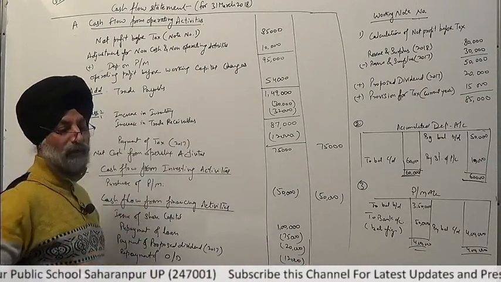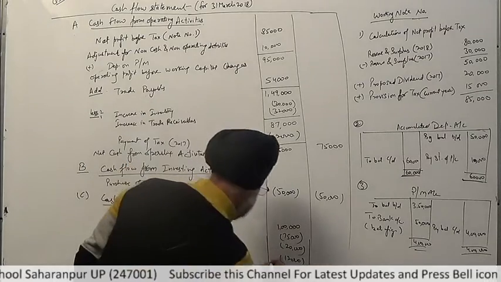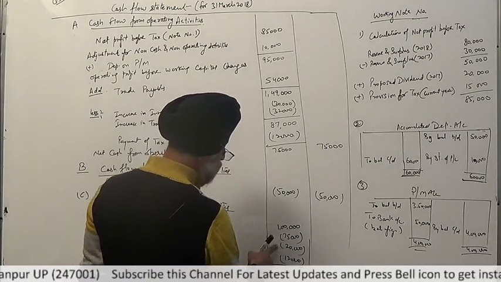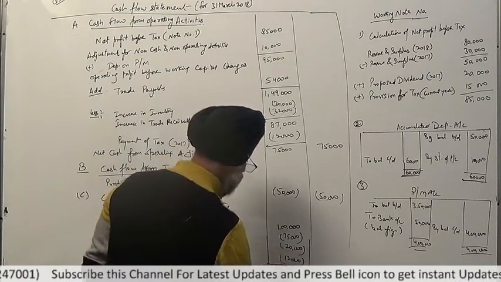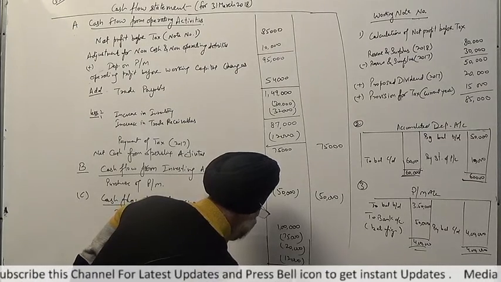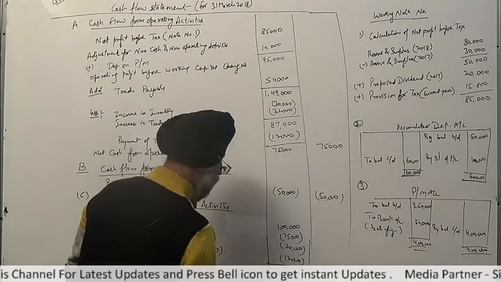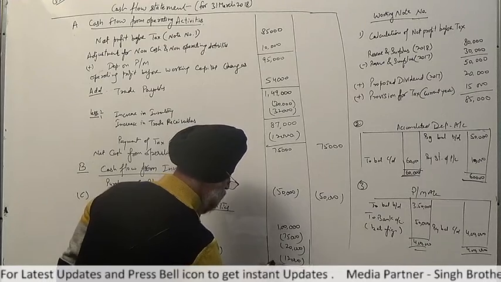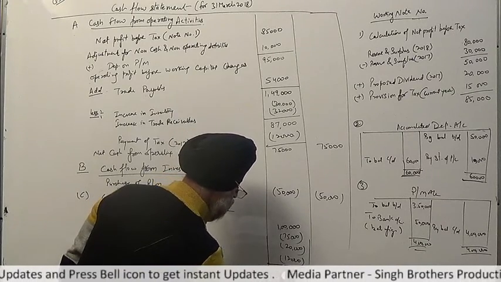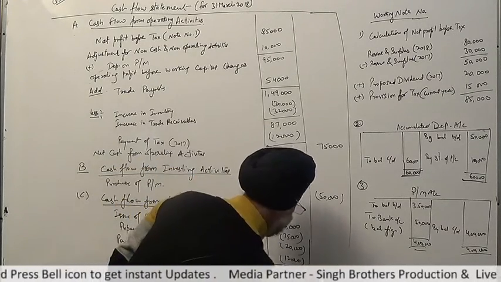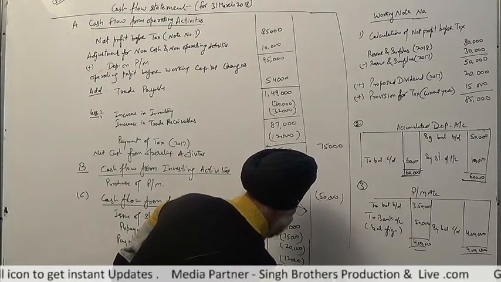Now make the total of it, then we'll get 7,000 rupees outflow of cash. In the third part there is an outflow of cash 7,000 rupees. Take it in bracket 7,000.